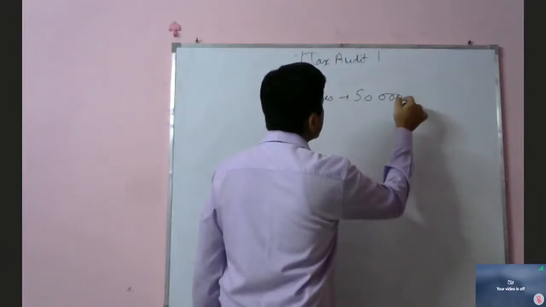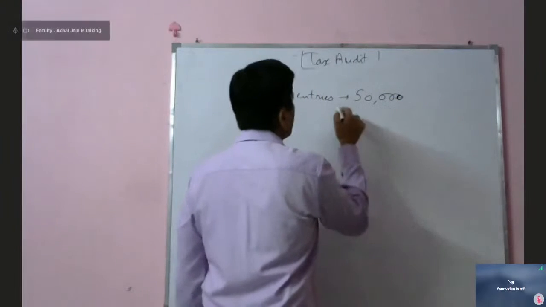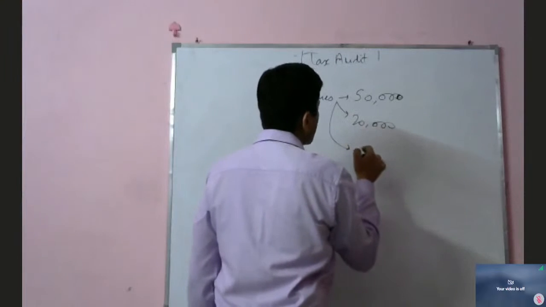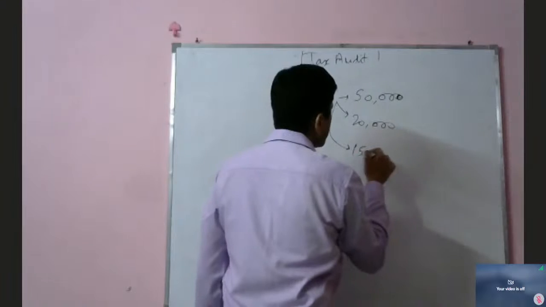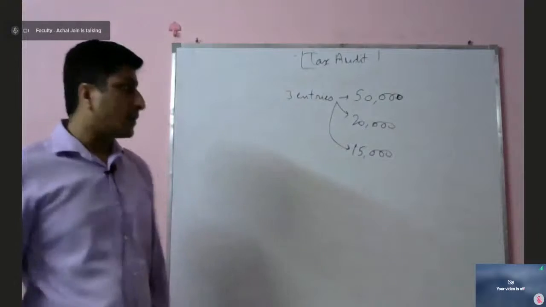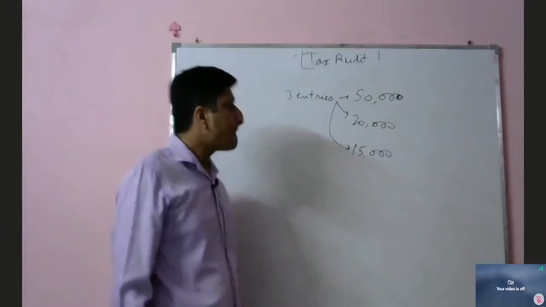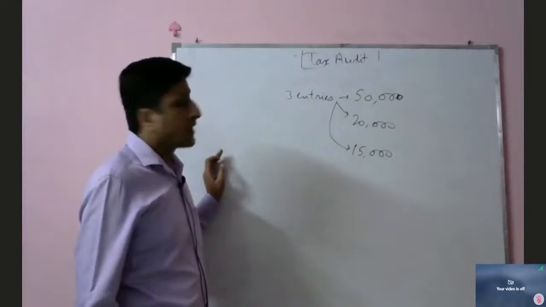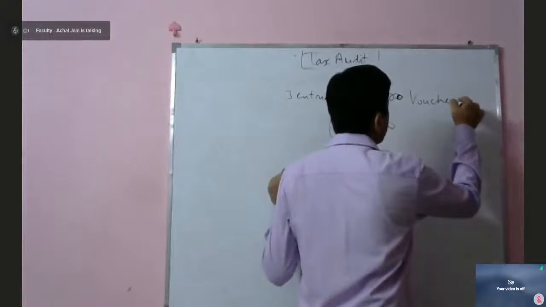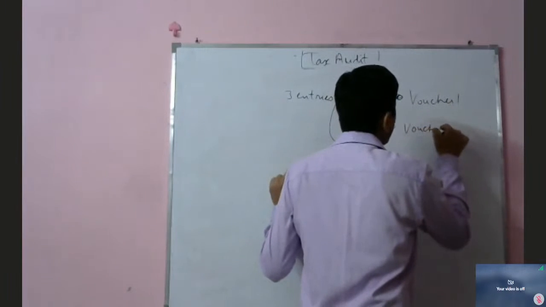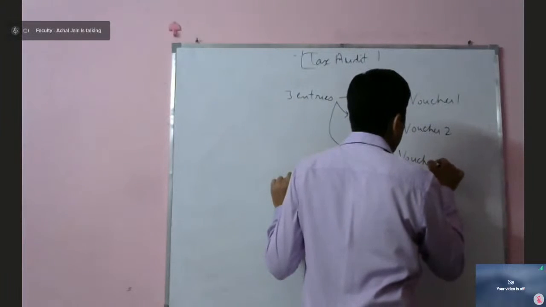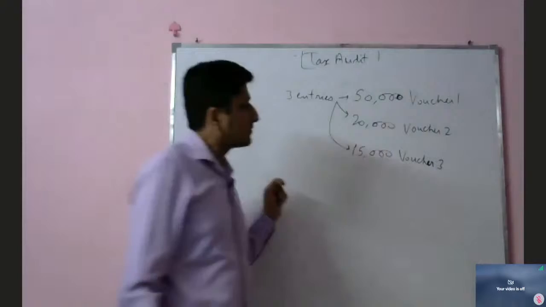One is of 50,000, second is of 20,000, and third is of 15,000. So these 3 entries have been picked up by the auditor. And against all of these entries, there are vouchers. Say this is voucher 1, voucher 2, voucher 3.